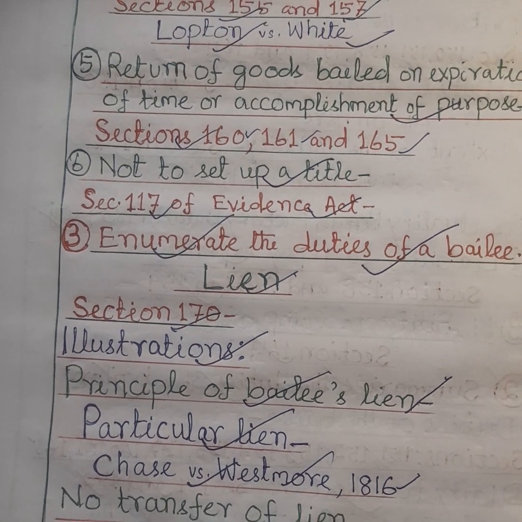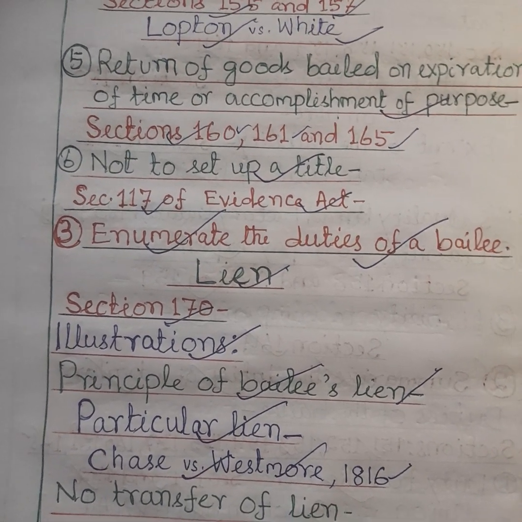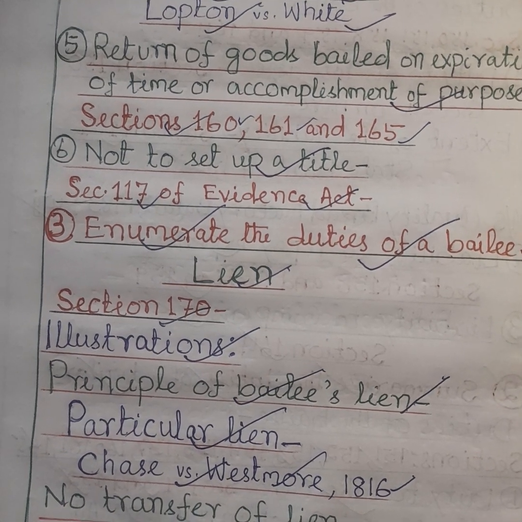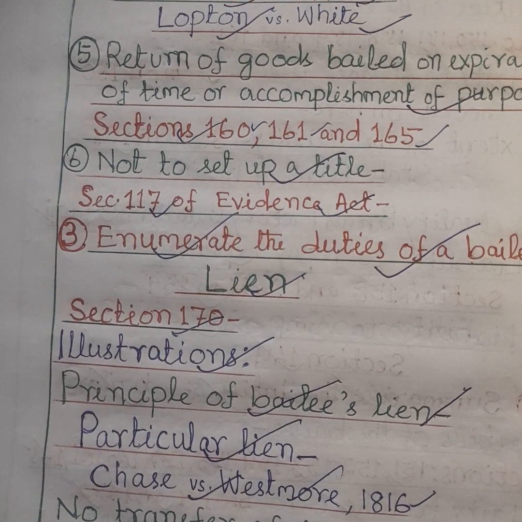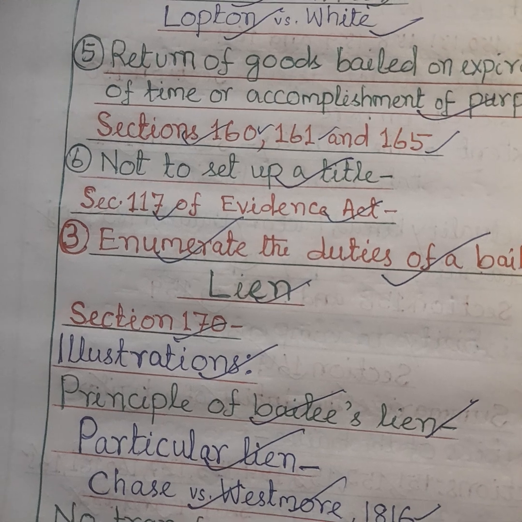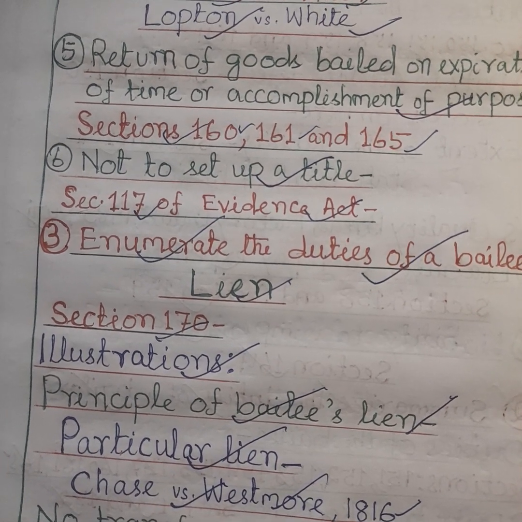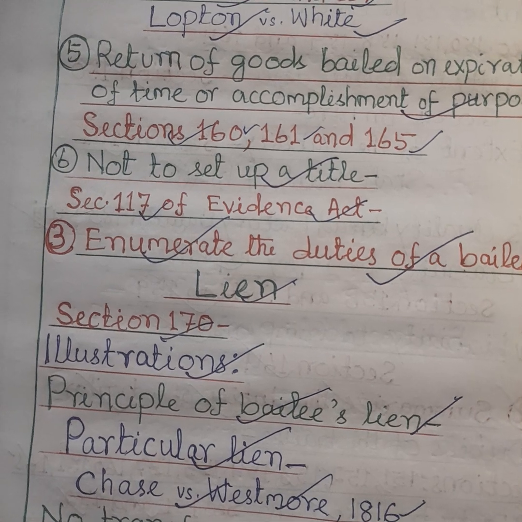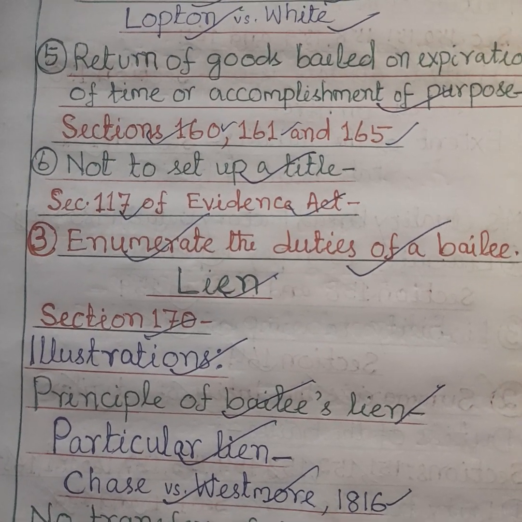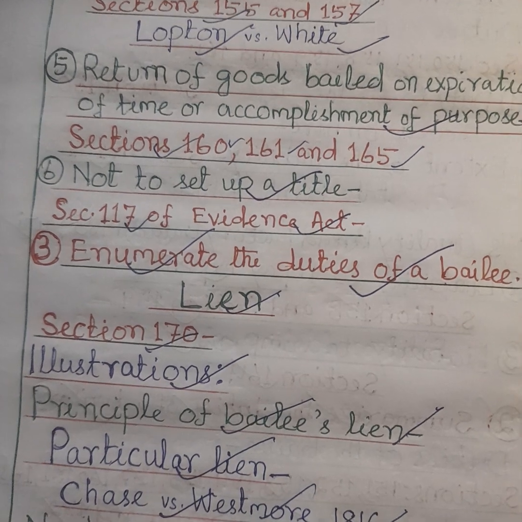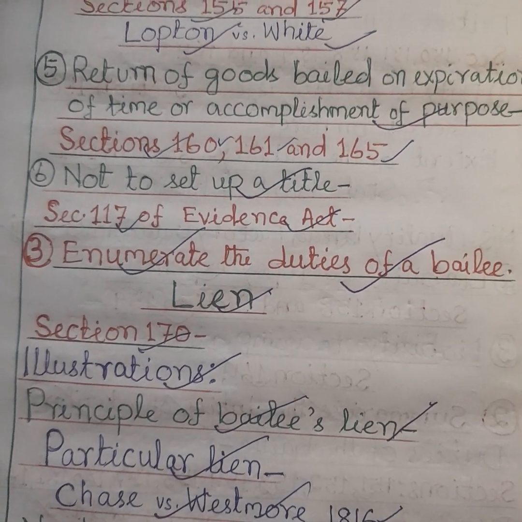The right of lien being possessory in nature, it cannot be exercised unless the bailee is in possession thereof. Once a bailee has parted with possession of the goods bailed, he loses his right of lien.